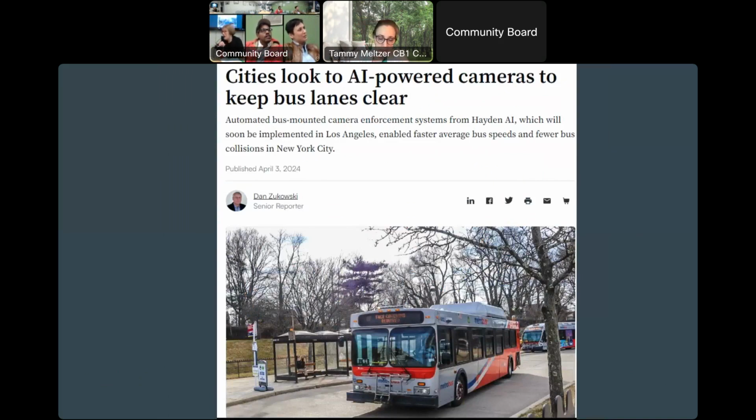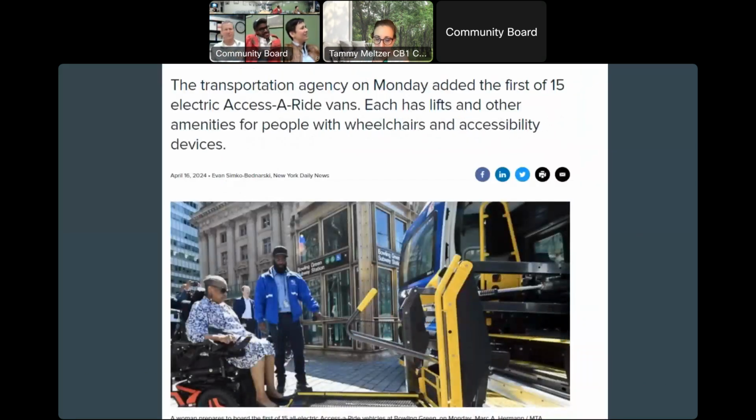I wonder how a camera clears a bus lane. Probably it has a way to spot different things, and it probably does ticketing. The bus doesn't see the car, so they go away. It's generative AI, so. Yes, I got the first electric Access-A-Ride.